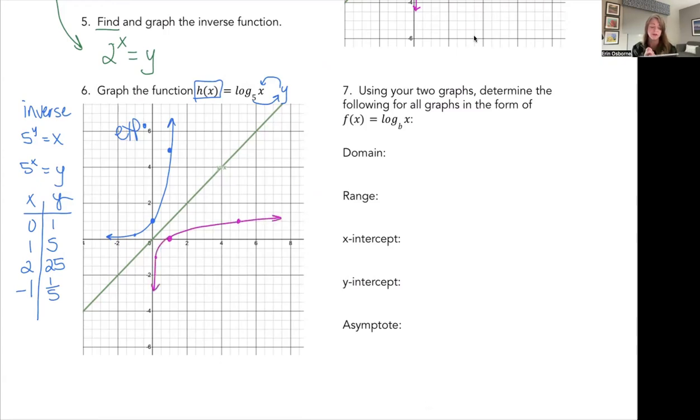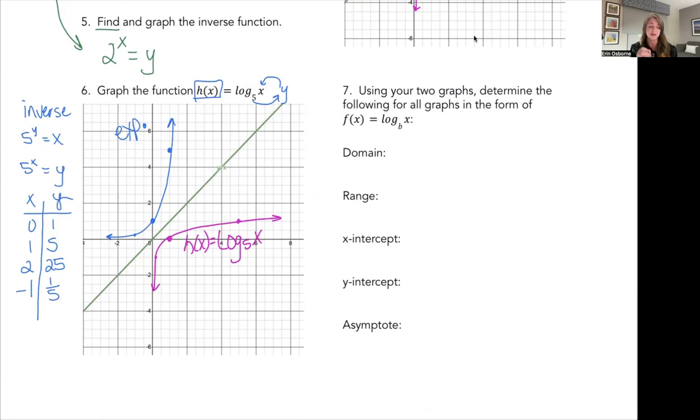When you get done graphing these, they should look pleasing to the eye and symmetrical across that line y equals x. So this one is log base 5 of x. And I could put h of x in front of that or y equals in front of that. I'm sure part of the weird thing right now is when do you know to swap x and y and when not to? But a log becomes an exponential when you swap x and y, you get its inverse.